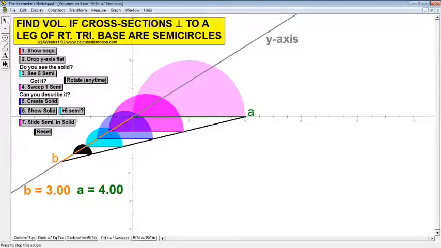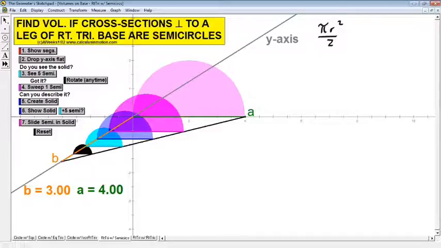Okay, we're going to create a function that will tell us the area of any semicircle. So let's start with the area of a semicircle. What is the area of a semicircle? The area of a semicircle is pi r squared, and then we have to divide it by 2.